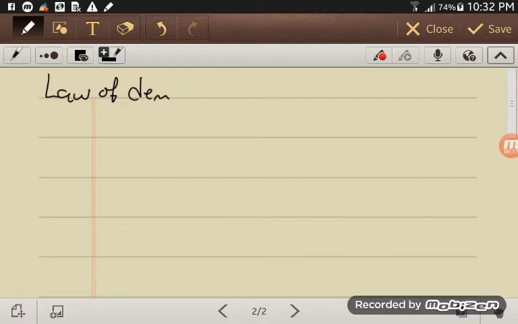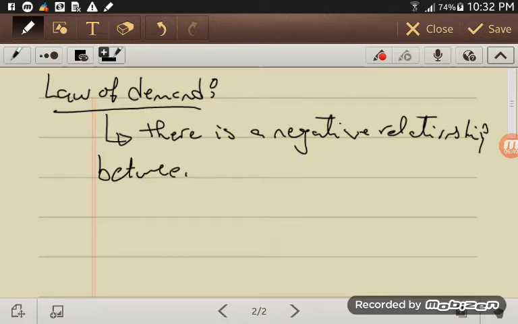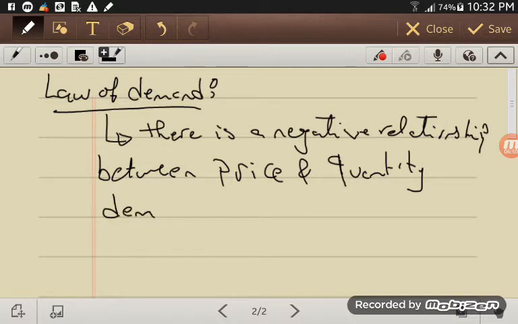Law of demand states that there is a negative relationship between price and the quantity demanded, ceteris paribus.